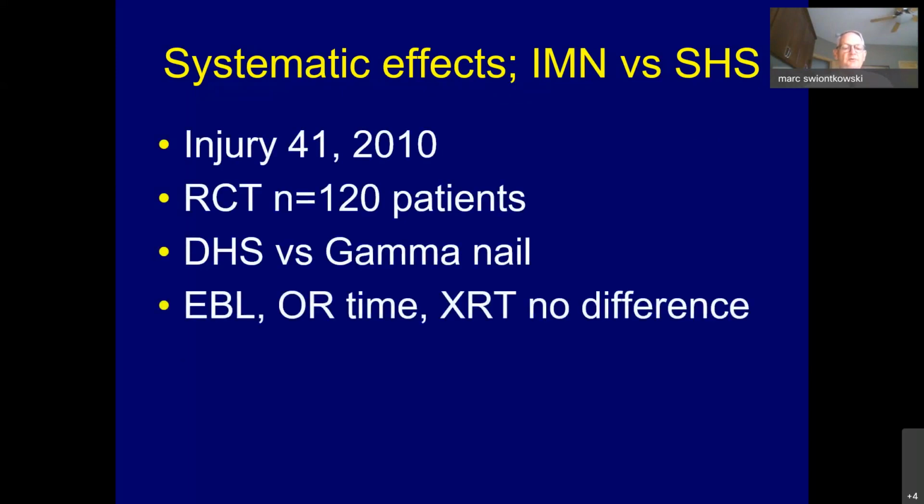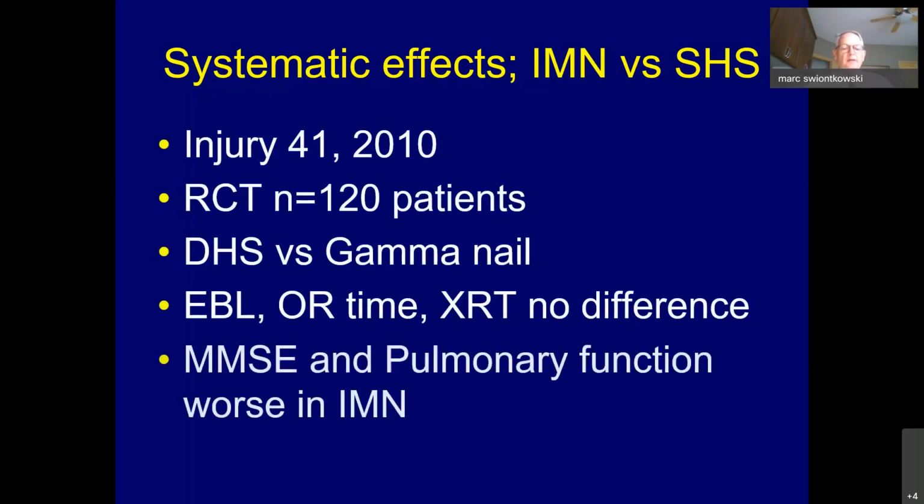And there was no difference between blood loss, operative time, or fluoroscopic time. But the mini mental status exam and pulmonary function were worse in intramedullary nailing. So with a particularly sick patient where you could use a sliding hip screw versus a short IM nail, you might want to consider the sliding hip screw.